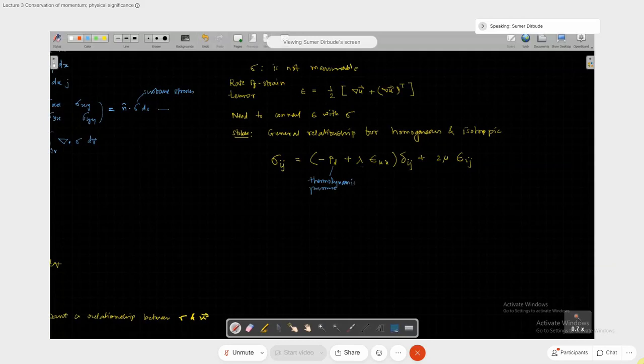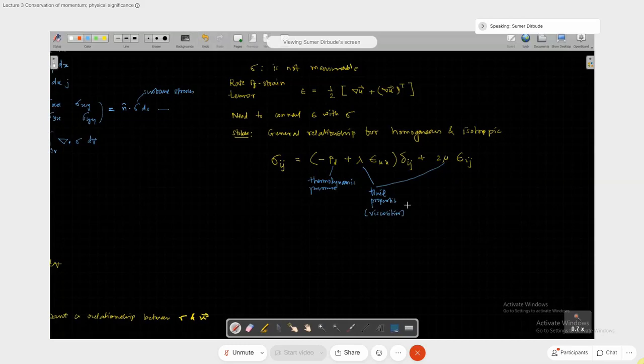And lambda and mu are fluid properties. These are called viscosities. In your undergraduate, you must have heard about only one viscosity, that is kinematic viscosity or dynamic viscosity.